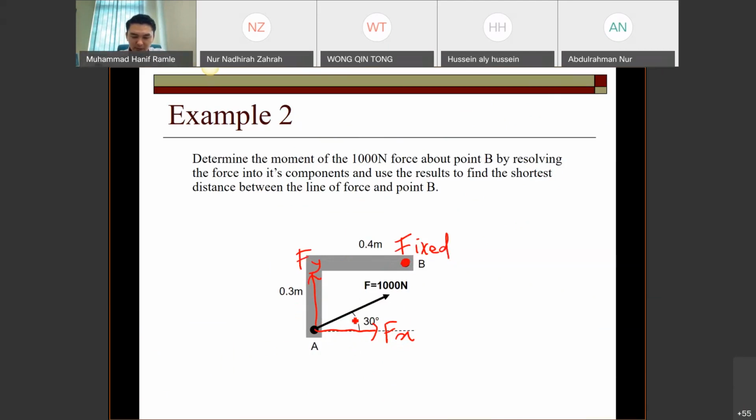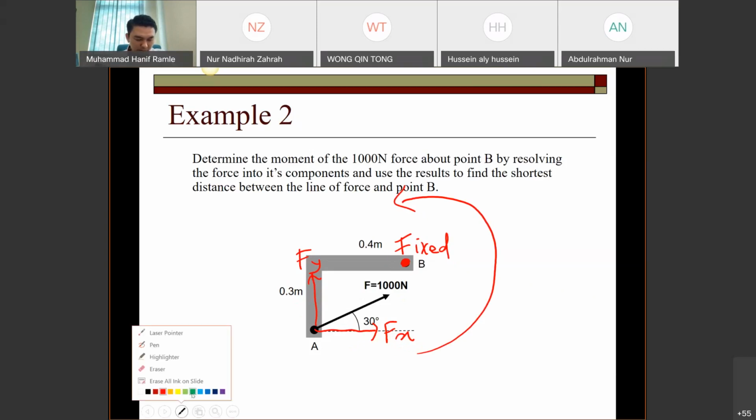If you look at Fx, if you fix this rigid body at this point, it will move like this. Let me draw another body. If you pull point A along the x component, the rigid body will move like this.